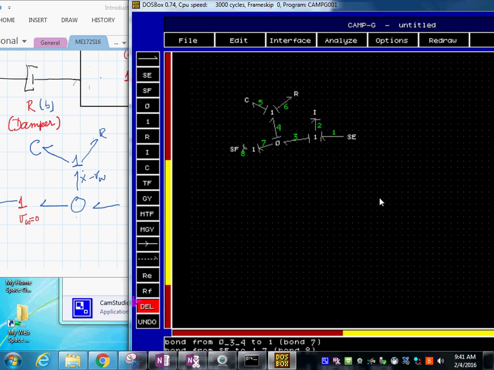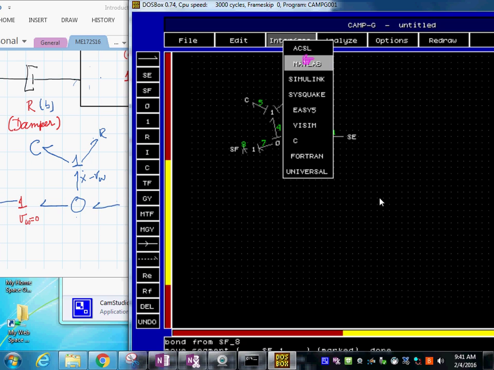The reason is that I think it is too close. Right. So now what we do is we say interface to MATLAB.